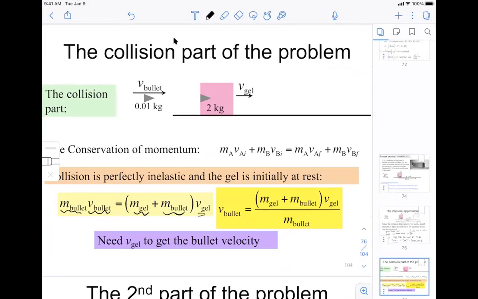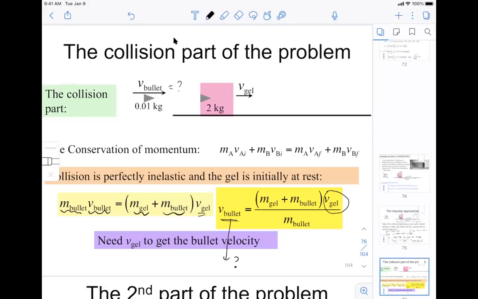So you can express the velocity of the bullet using the rest of the variables, the mass and the velocity of the gel. Here we want to solve for v bullet. We don't know this quantity, but if we know how fast they're moving right after collision, we can plug it in and solve for the velocity of the bullet that it started with.